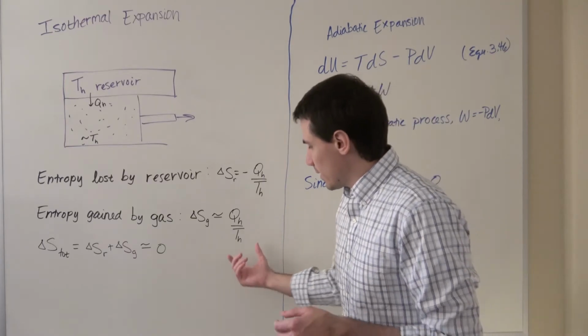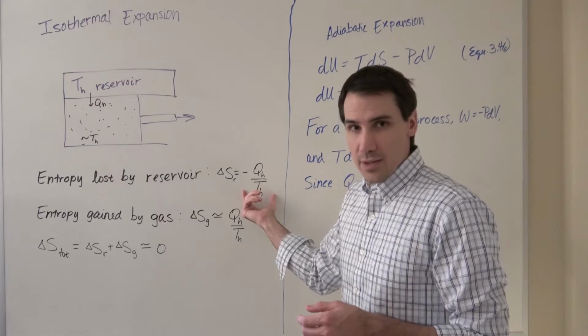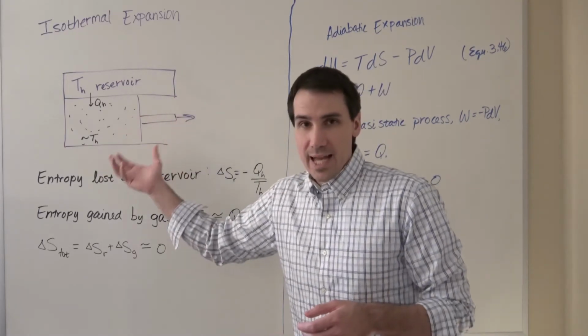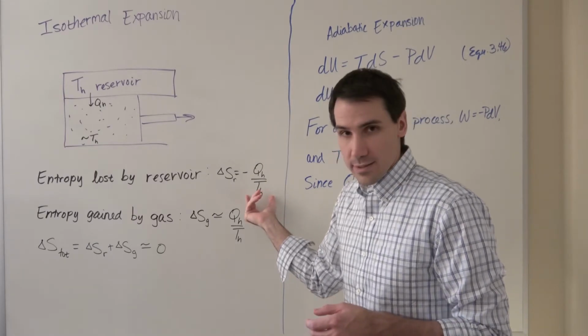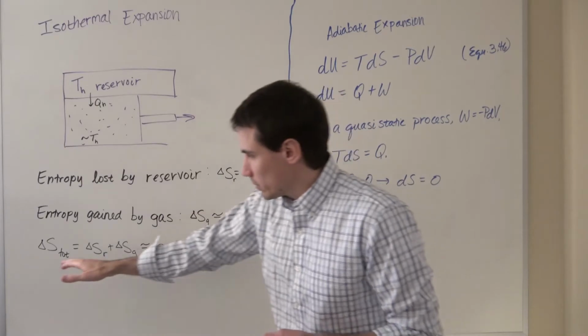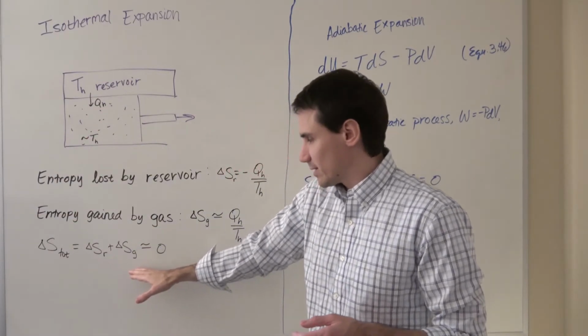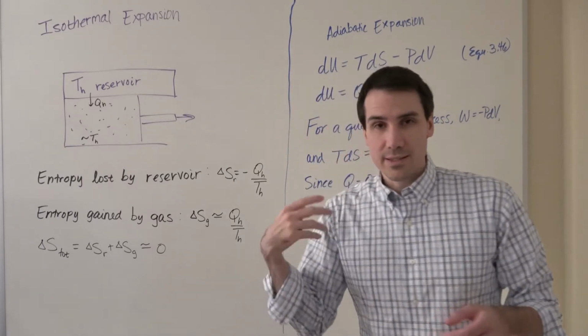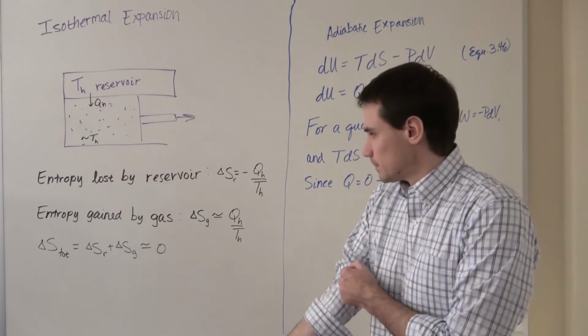So in this case, since we have the exact same expression, the entropy gained by the gas is exactly equal to the entropy lost by the reservoir. So our total change in entropy during this process is delta SR plus delta SG, which is going to be 0 as long as they are at very close to the same temperature.